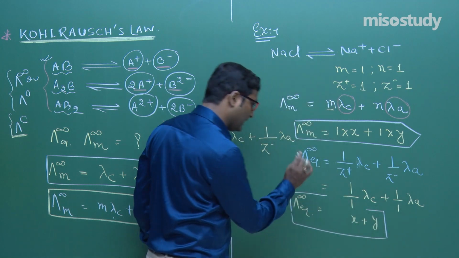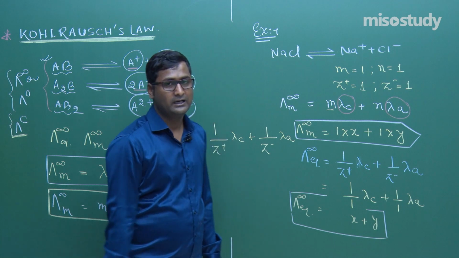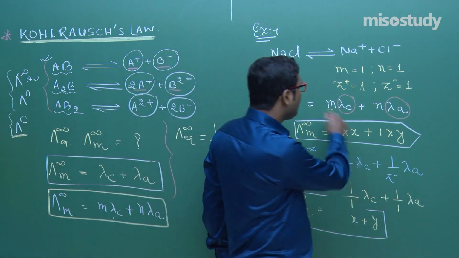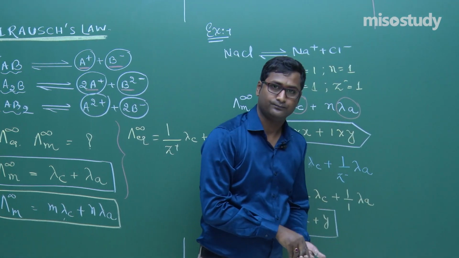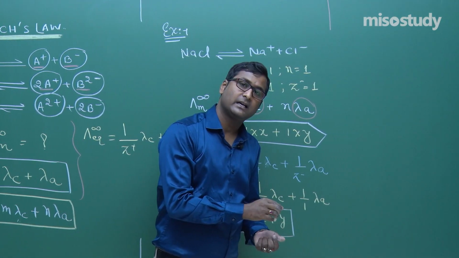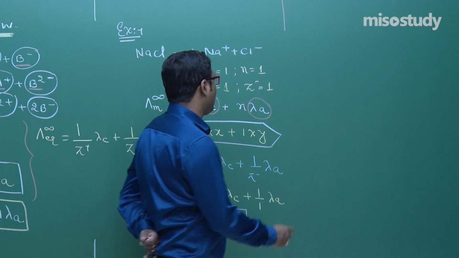That is the equivalent conductivity at infinite dilution. I hope it will help you a lot to find the molar and equivalent conductivity. Now, if ionic conductivity is not given but mobility is given, then what will happen in this case?